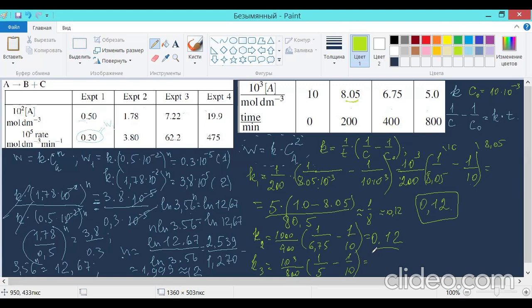A tenth multiplied by 1,000 gives us 100. So we can see that roughly, the average value of the rate constant of this reaction is equal to 0.12. What about the measurement units?